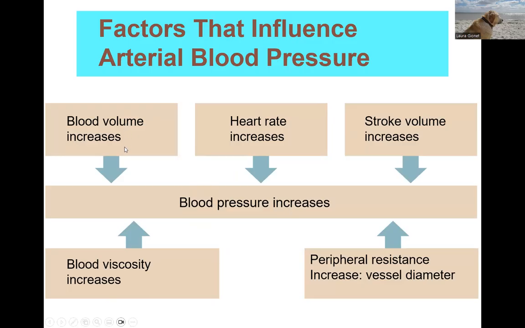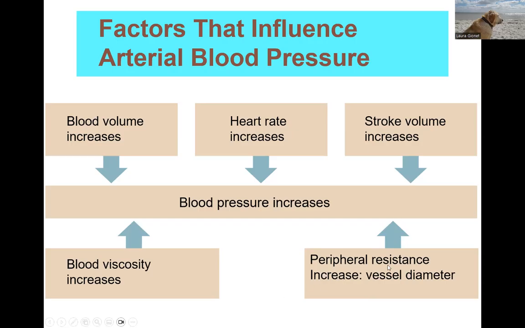If we increase blood volume, the more fluid we have in this limited system, the more it exerts its pressure on the vessel wall. Heart rate, you increase heart rate, you increase blood pressure. And stroke volume, all right? That's all part of cardiac output. Down below, we're talking about resistance factors.